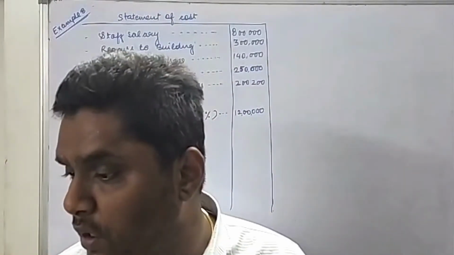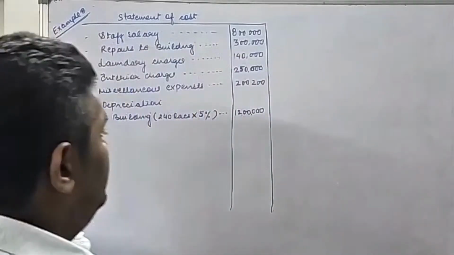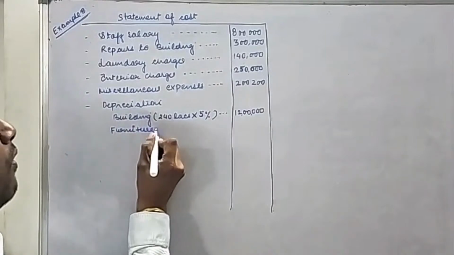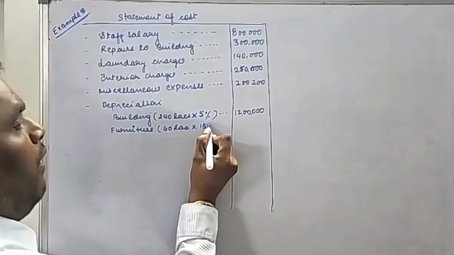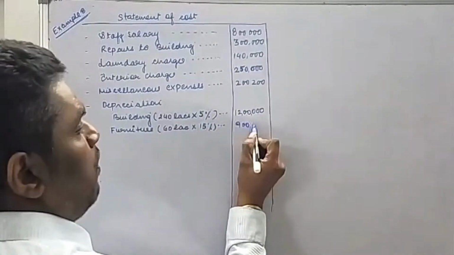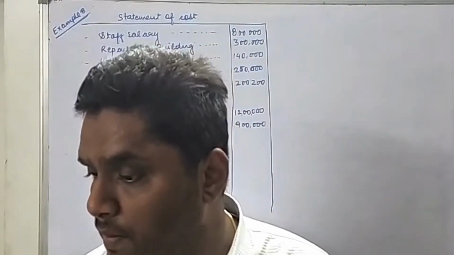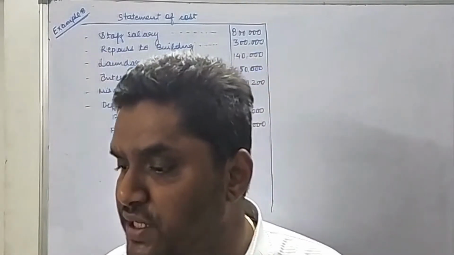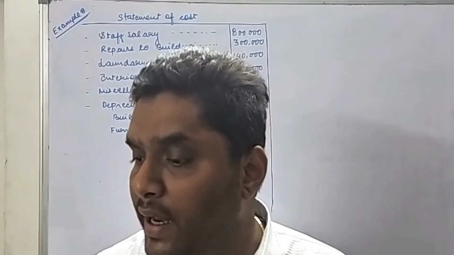And remaining 20%, that is 60 lakh, that is on furniture, into 15%. Now, all the expenses are considered, depreciation is done. Now, 2 points are left out. First one is room attendant, and second one is lighting.